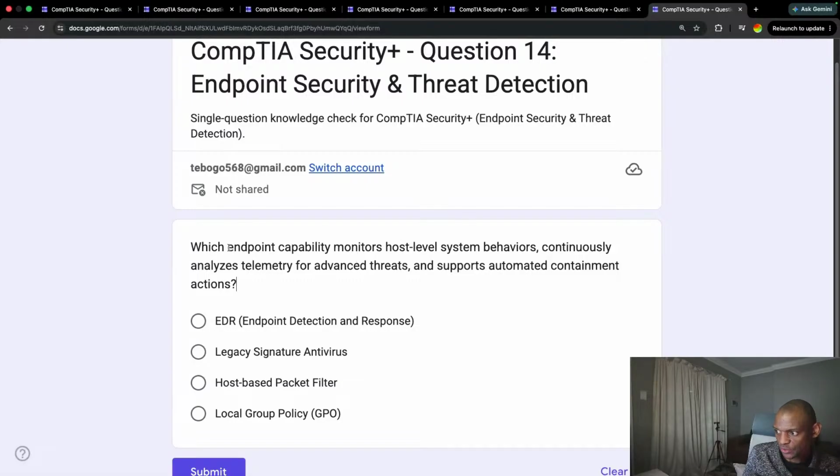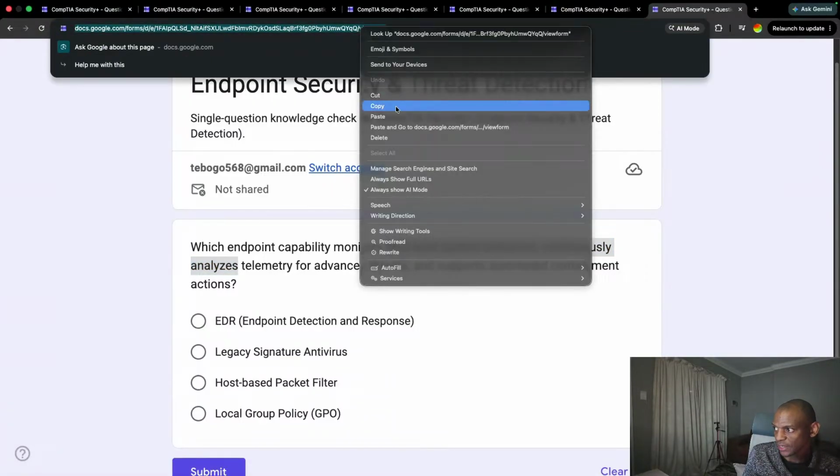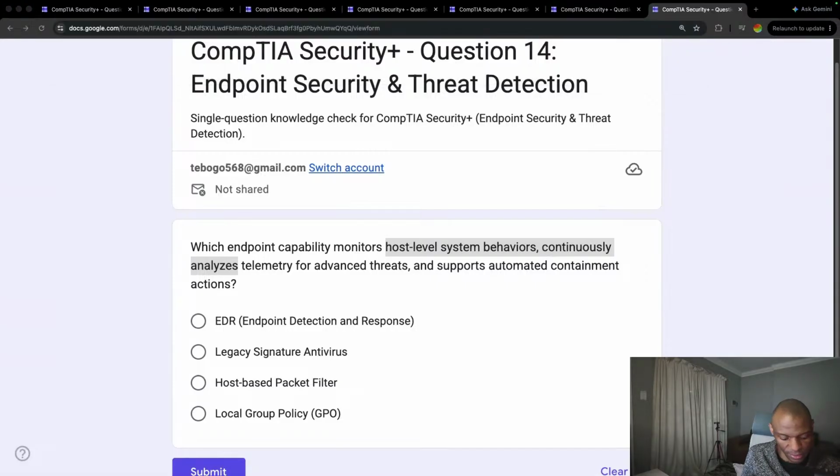And then they're asking you which endpoint capability monitors host. These are the keywords: host level system behaviors, continuously. From these 4 options, the correct one would be, okay, I'm going to share the link. Choose the correct one. Let's see.